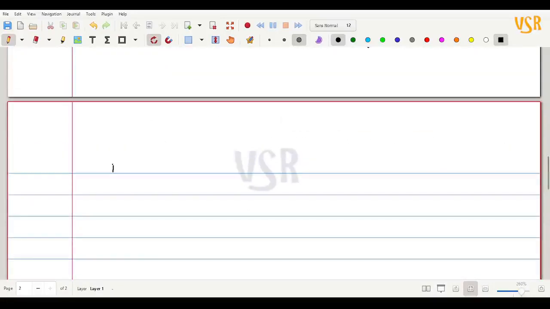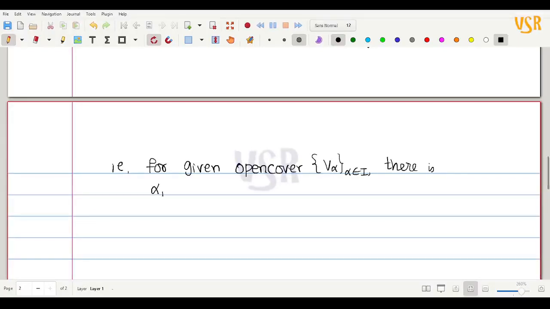That is, for a given open cover v alpha, where alpha belongs to I, there are alpha 1, alpha 2, ..., alpha n belonging to capital I such that f of capital A is a subset of v alpha 1 union v alpha 2 union dot dot dot union v alpha n.